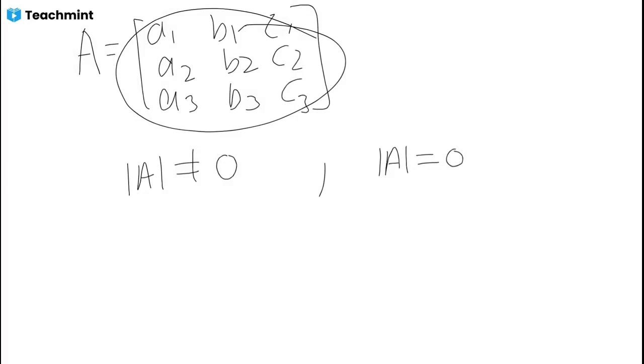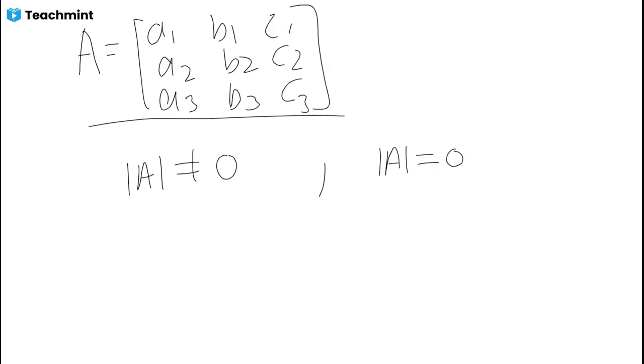Are you getting this rank point? For example, if the determinant of this matrix is non-zero, then we can say its rank is 3. If it is 0, then we'll reduce this entire matrix into 2 by 2 using elementary row or column operations.